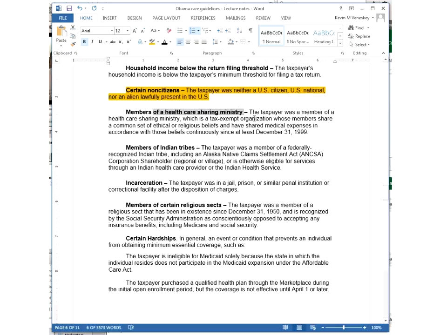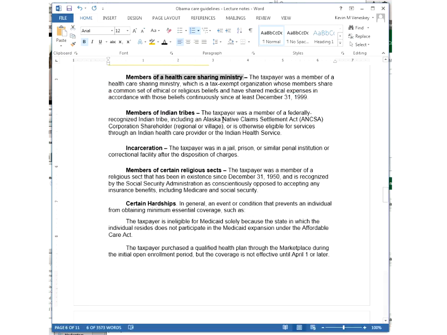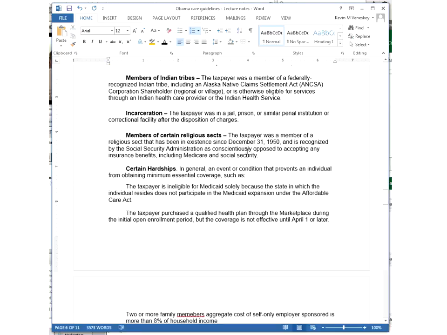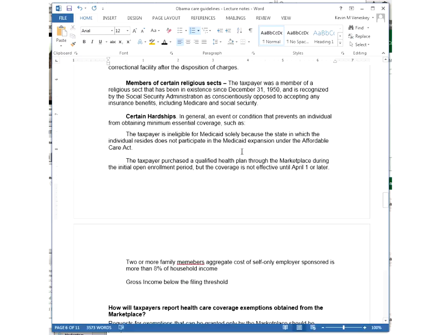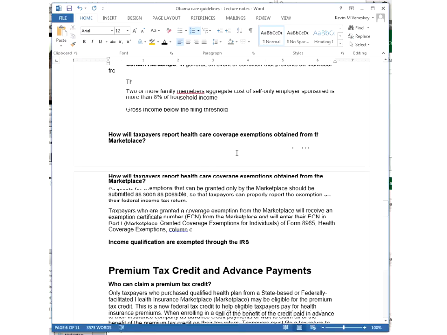You have to be a certain member of a certain religious organization to be included in this, or a religious sect that has been in existence since 1950 and is recognized as conscientiously opposed to accepting insurance benefits or any type of benefit. So if you are out there and you think, I don't want this, but I also like to go ahead and keep my Social Security, that doesn't work. So most people are going to be included in this.